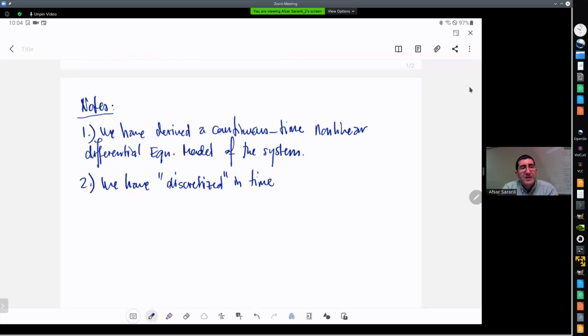We haven't discretized the values themselves. If you discretize both the time and the voltage values or the physical variable values, we usually call the system digital, in the sense that you also represent the numbers with finite precision. Okay, to obtain a nonlinear difference equation.